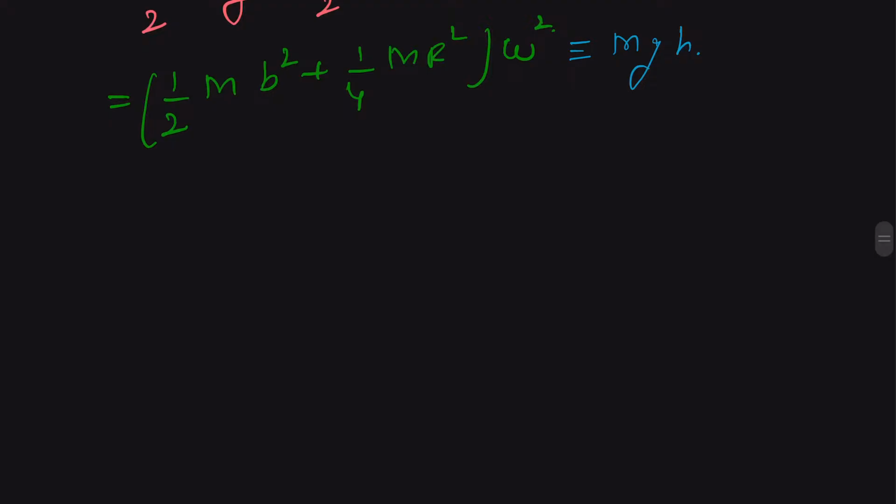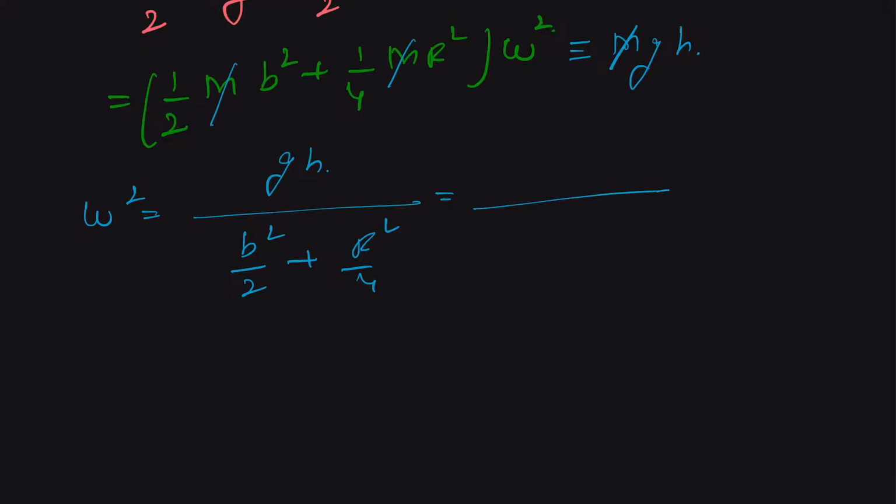Therefore m we can just cancel out, so omega square will be equal to gh over b square upon 2 plus r square upon 4. We can take the LCM, so we get 4 as LCM, and this will be 4gh upon 2b square plus r square.